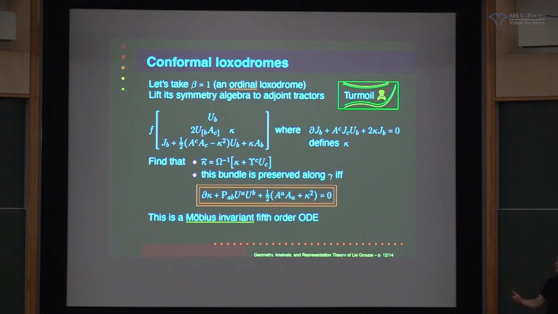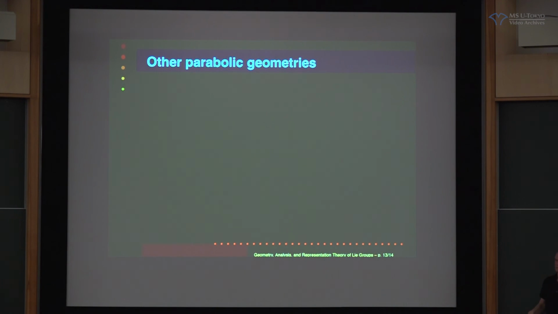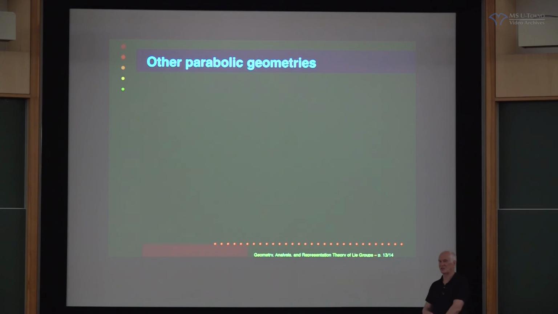Anyway, this sort of thing will happen in any general Möbius geometry in dimension 2. Right, so I've said enough about that, and let me just say a few words about general parabolic geometry. General parabolic geometry is quite a big industry because there are many, many interesting cases.